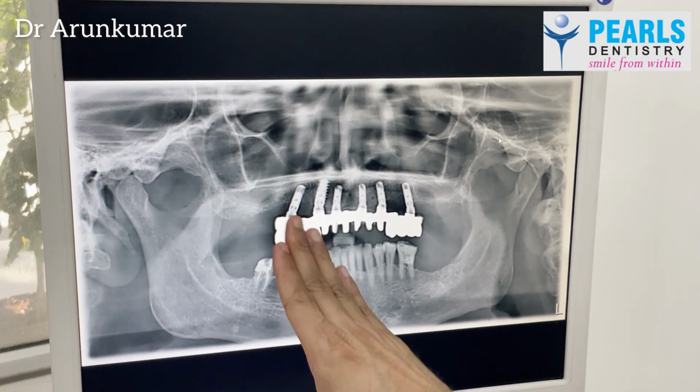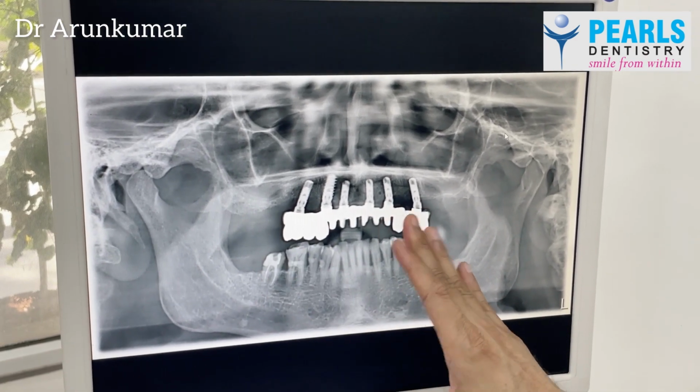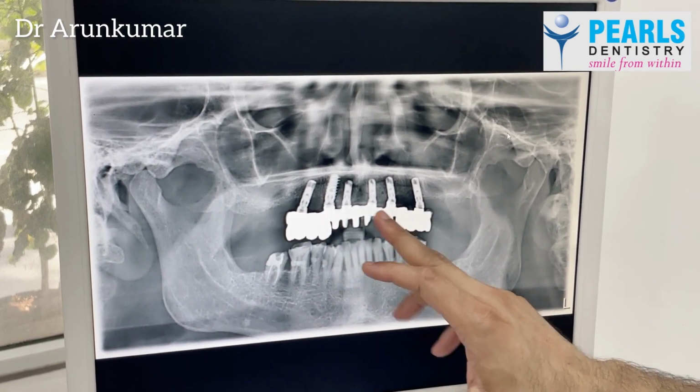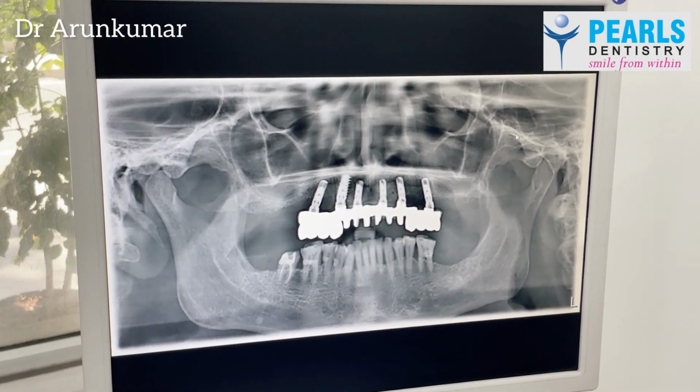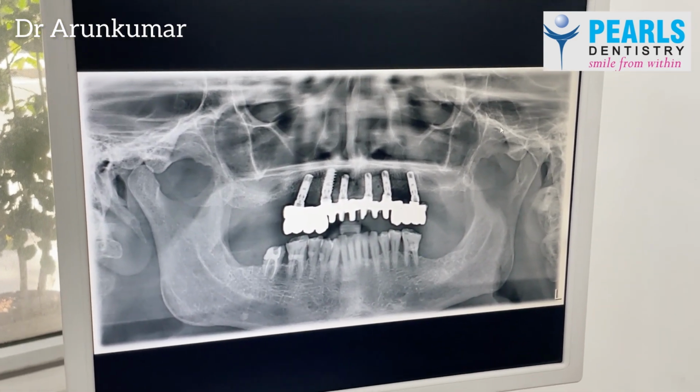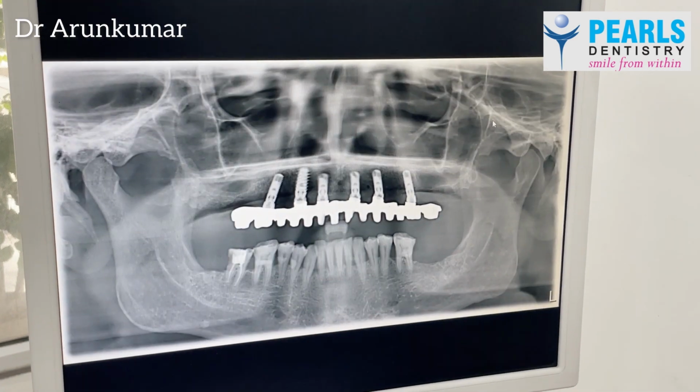We can replace the posterior teeth separately on both sides, and then the anterior teeth can be given individually, one tooth at a time. So there are multiple ways in which we can plan the replacement of the teeth based on the patient preference, based on the material of choice, based on what will be the most apt and ideal situation or requirement for the patient.